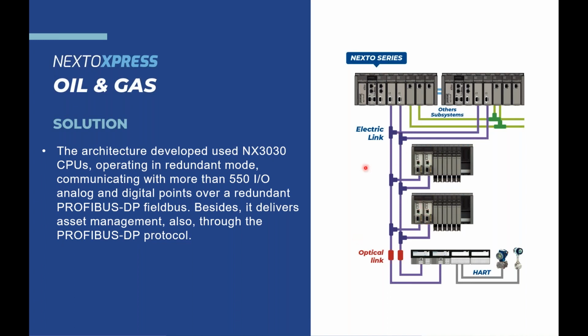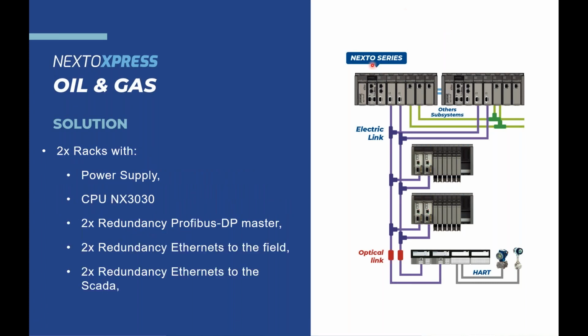The redundancy network is Profibus and it is bringing asset management. We are bringing all the information to the asset management software through the Profibus protocol, going to the clusters. Just to give you some idea of what we are using in each rack: this is a half rack, a half cluster.